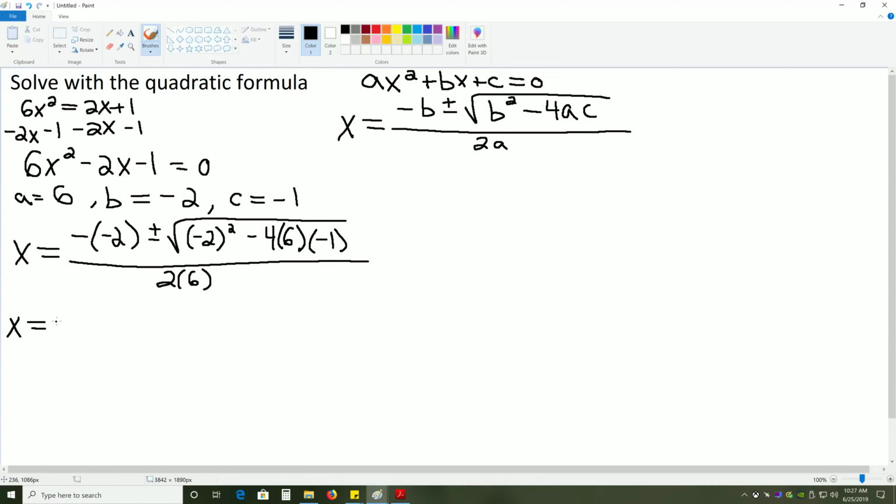Which gives us x equals negative 2 means positive 2, plus or minus the square root of negative 2 squared is positive 4, minus 4 times 6 times negative 1.